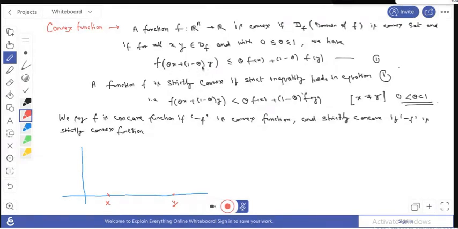Theta x plus 1 minus theta y, when theta lies between 0 and 1, simply represents the line segment joining these 2 points x and y. So for any theta which lies between 0 and 1, these are all the points of theta of x plus 1 minus theta of y.